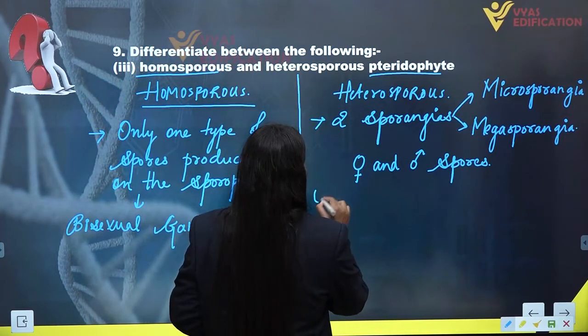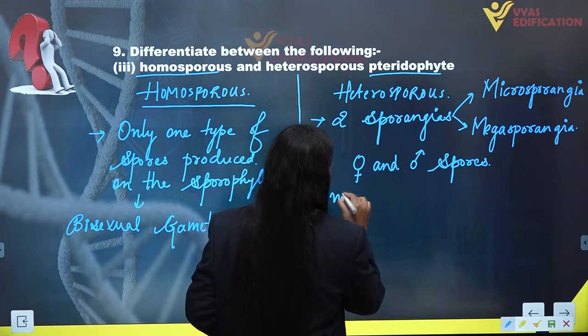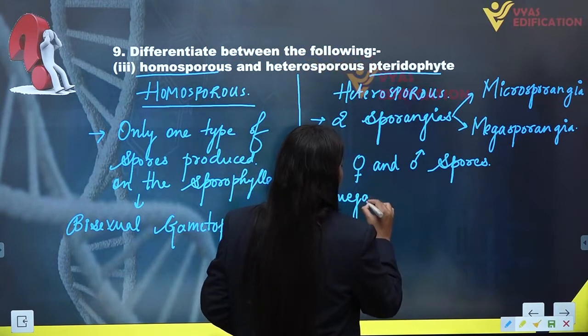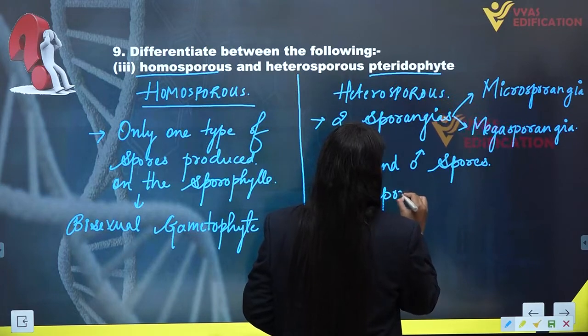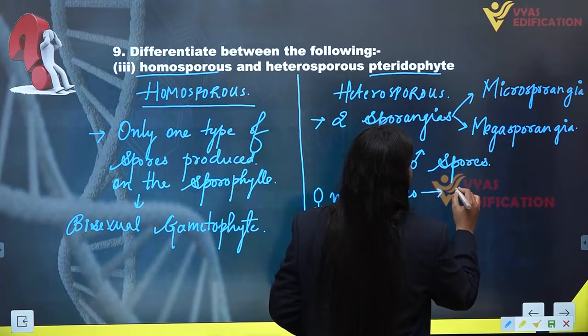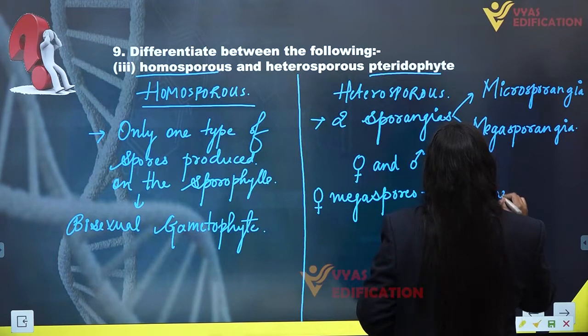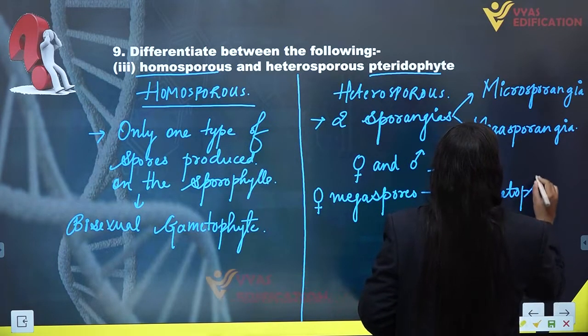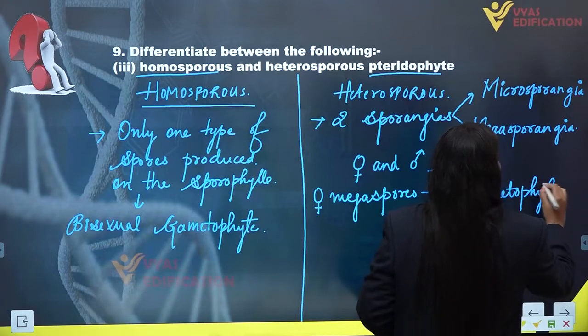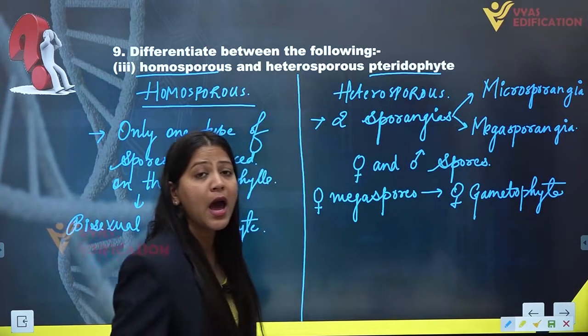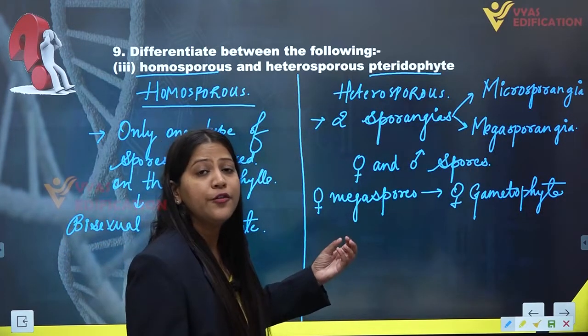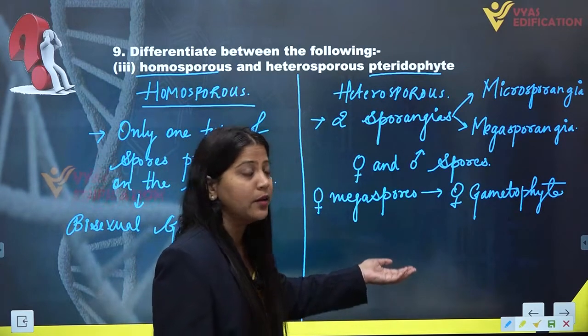Then these female megaspores are going to form the female gametophyte, on which the archegonium, the female reproductive organ, is developed.